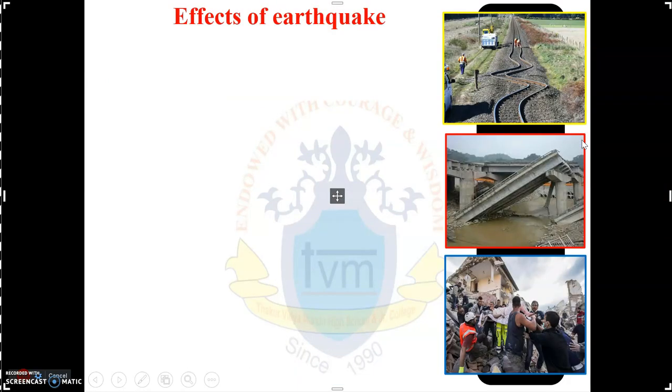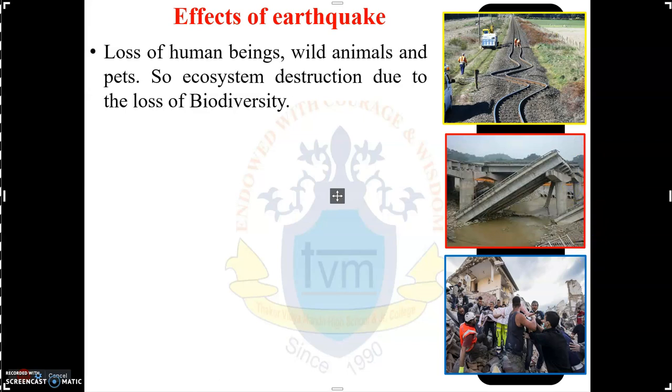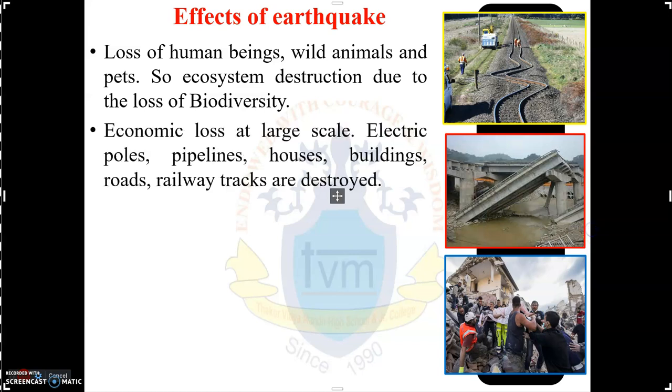Now, let us have a look at the effects of earthquake. Loss of human beings, wild animals, and pets. So, ecosystem destruction takes place due to the loss of biodiversity. Economic loss at large scale, as electric poles, pipelines, houses, buildings, roads, railway tracks, all get destroyed. So it results in a huge economic loss.